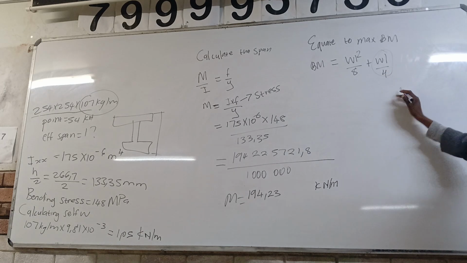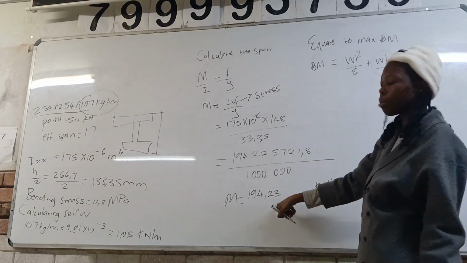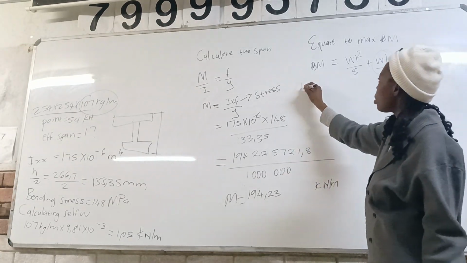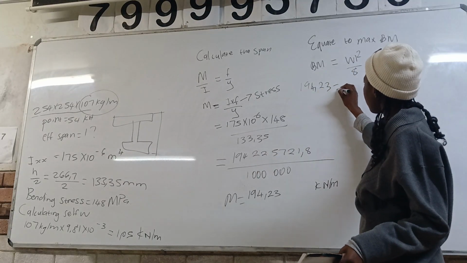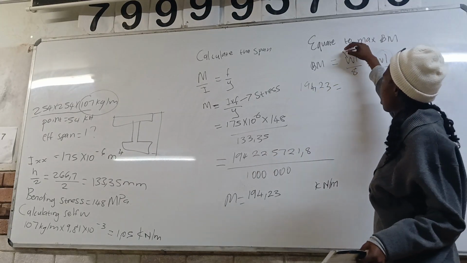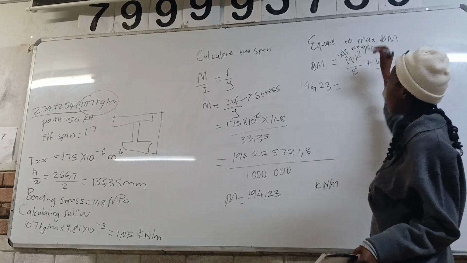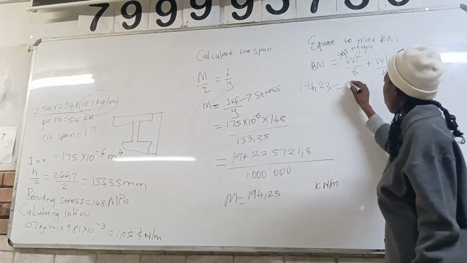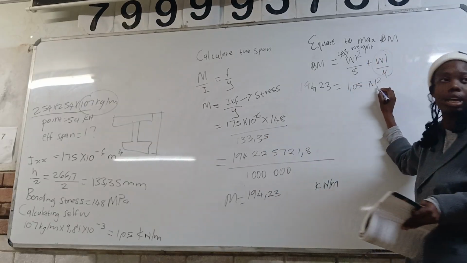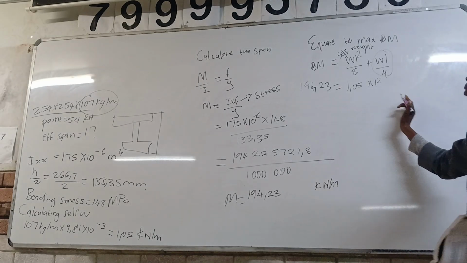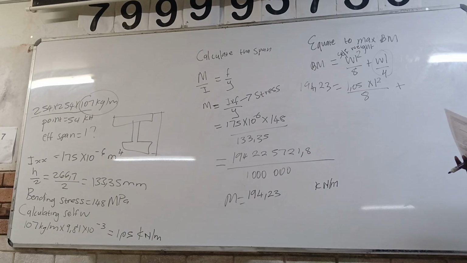So we substitute: 194,23 is equal to W, the self weight of the beam, 1,05, multiplied by L squared, which we do not have, L is what we want, all divided by 8, plus the second W, they gave it to us.